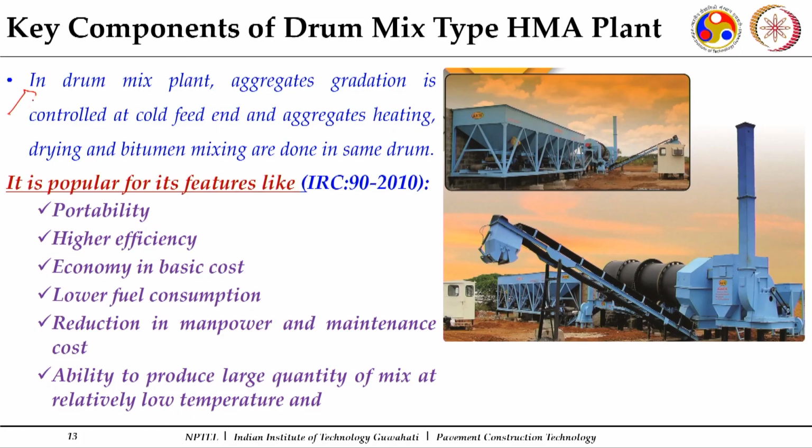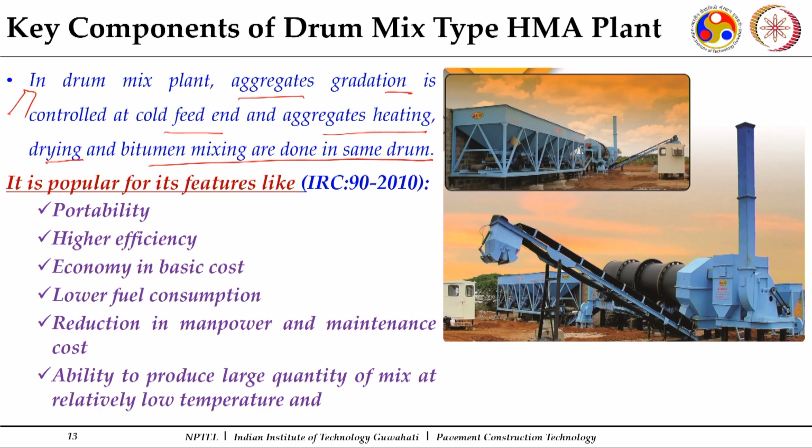In a drum mix plant, the important feature is that aggregate gradation is controlled at the cold feed, and aggregate heating, drying and bitumen mixing are done mainly in the same drum. This is a unique feature, because there are no hot elevators and no hot bins.